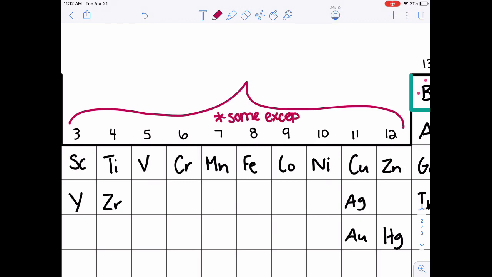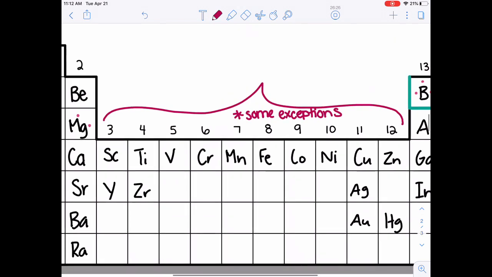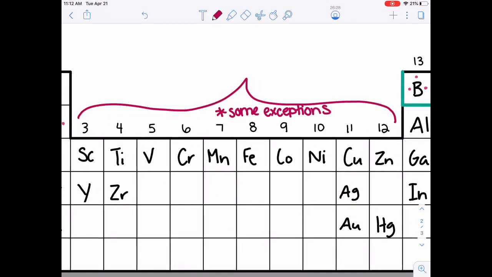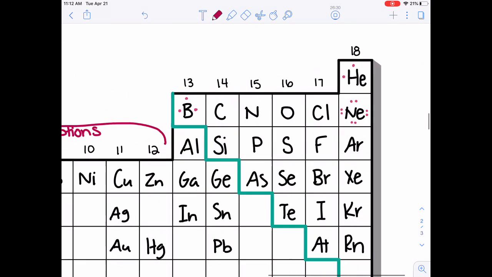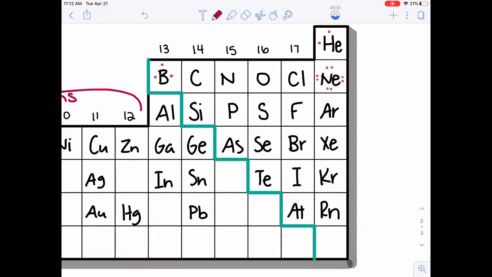We will learn about them later. So we do have some exceptions. I know about that. Hold your horses on Google, people. And then the 13th column has 3 electrons, just like boron has. The 14th column has 4 electrons.